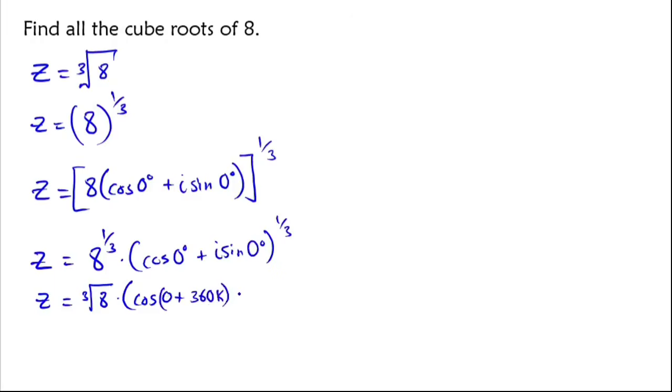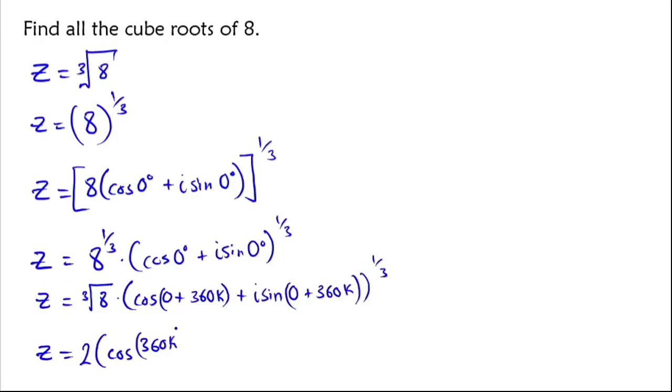It's just a generalized version, plus i sine 0 plus 360k, like this. This is to the power 1/3. So z is equal to the cube root of 8, which is simply 2, open bracket, then that's just a 0, so it will just remain with cos 360k plus i sine 360k.